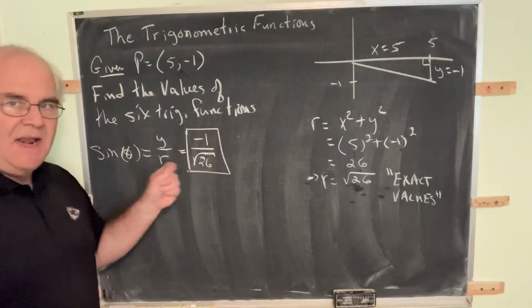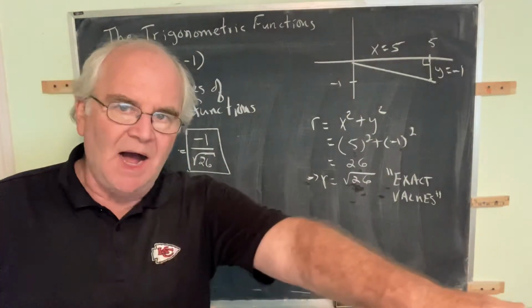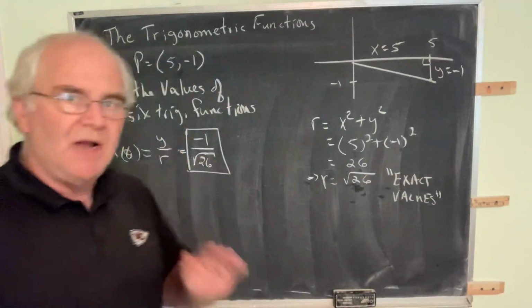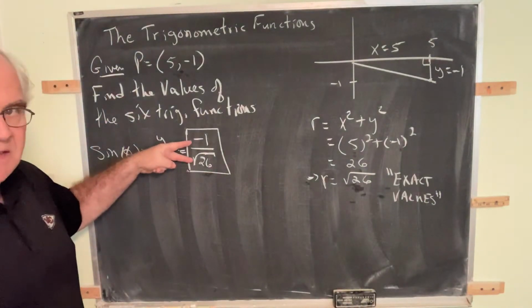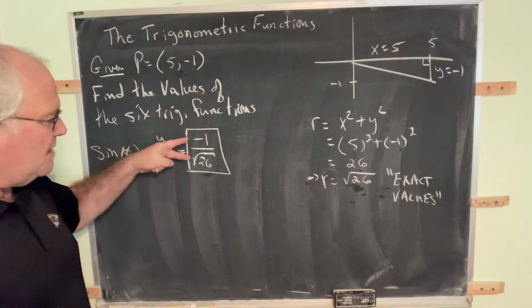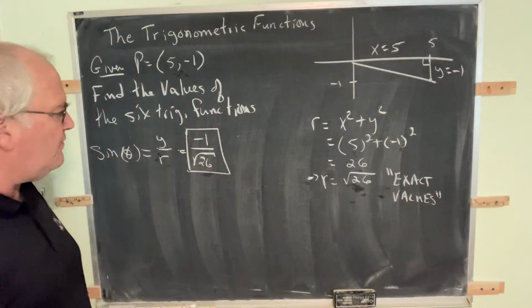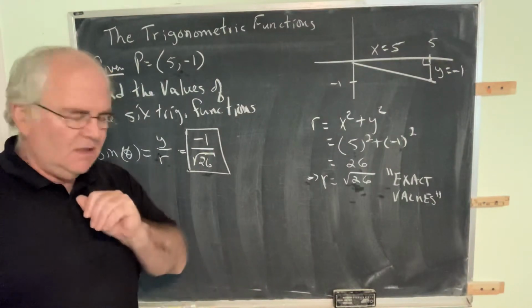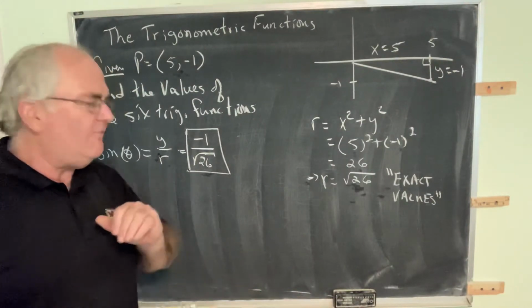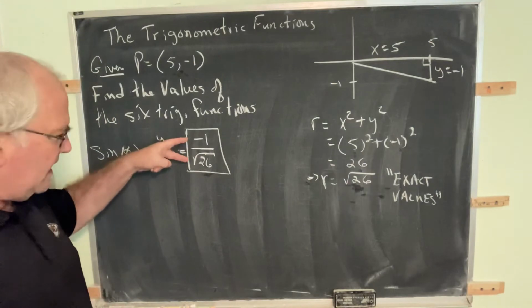You do not need to simplify this. I know there are some instructors that if you left this as negative 1 over the square root of 26, they would have a conniption. For our purposes, for now, leave this alone. Just let it sit.